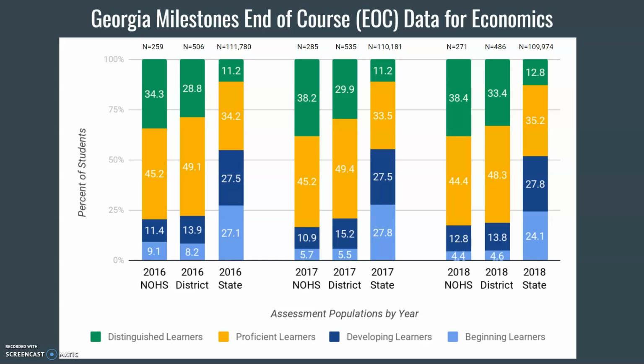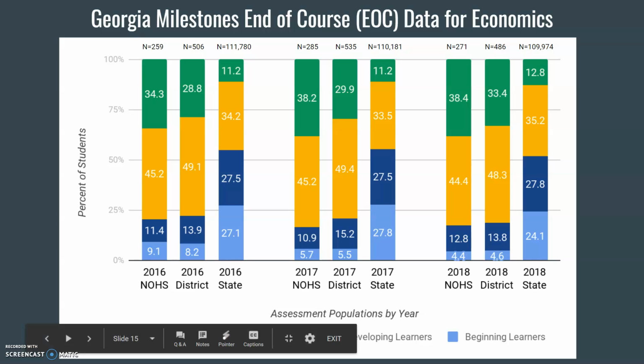This is also the case for 2017, with students scoring 38.2% as distinguished learners, 45.2% as proficient learners, outpacing that of the Oconee County Schools District and the state of Georgia.